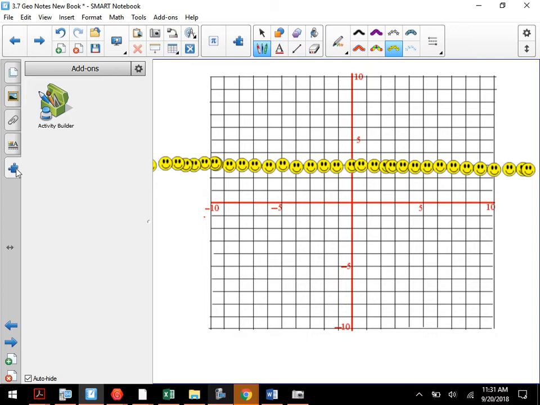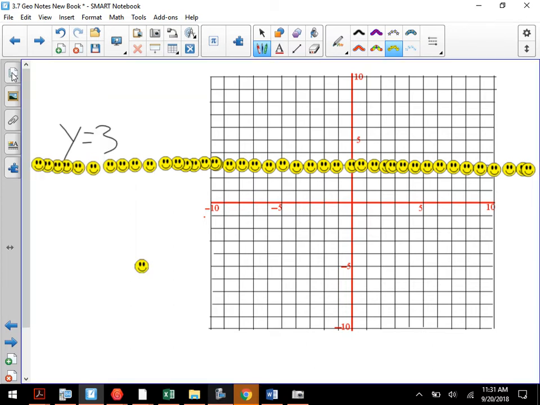That Y value, as you go through it, always stays the same. That's why that looks like that.